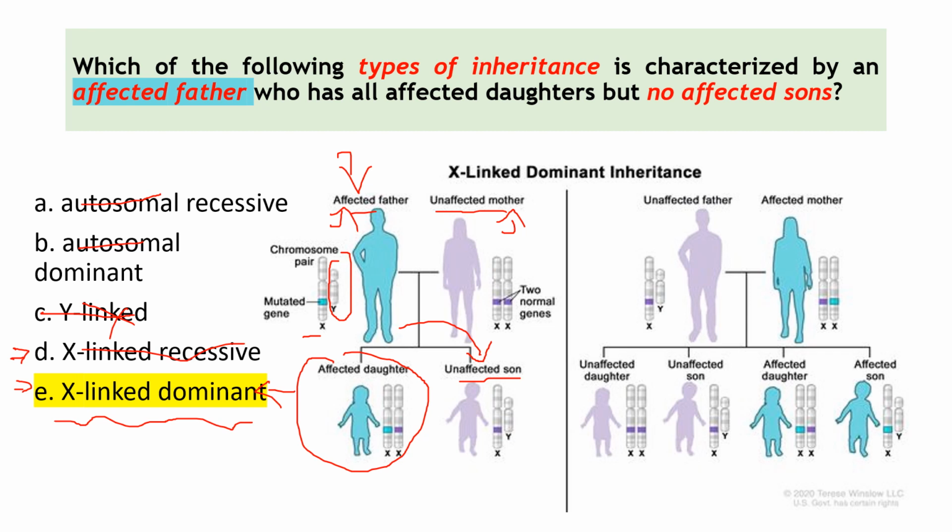I hope that it was clear. If you try, you can play with other answers, and you will see that they will not fulfill the statement, and the best answer based on these two lines of information will be answer E, X-linked dominant.